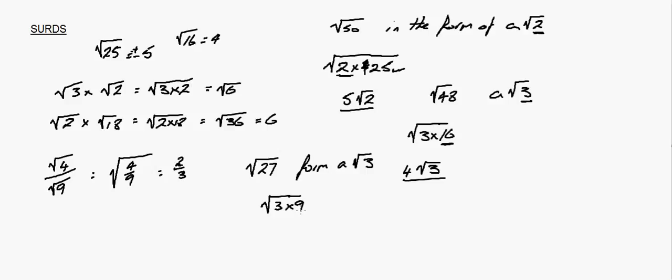And 3 nines will give me 27. 9 is a square number. I know that the square root of 9 is 3. So I'm left with 3 outside and the root 3 inside. So a will be 3.